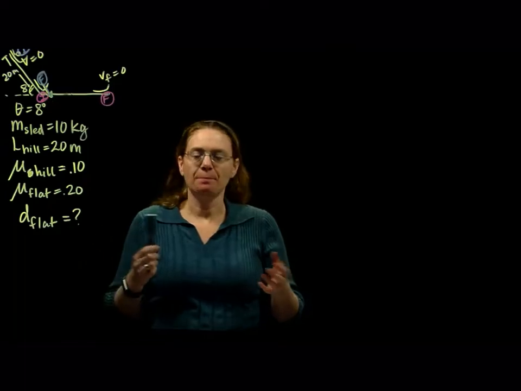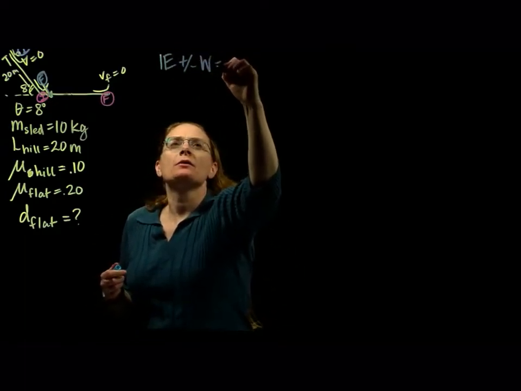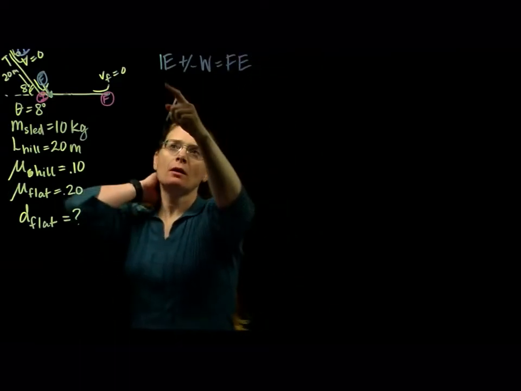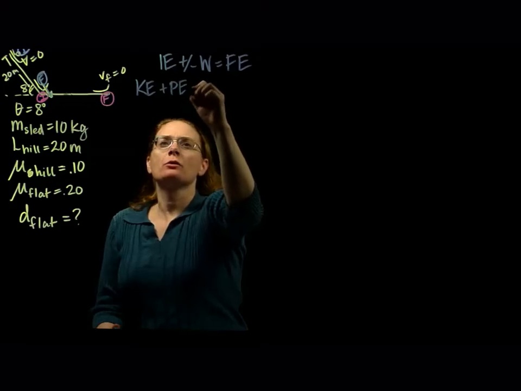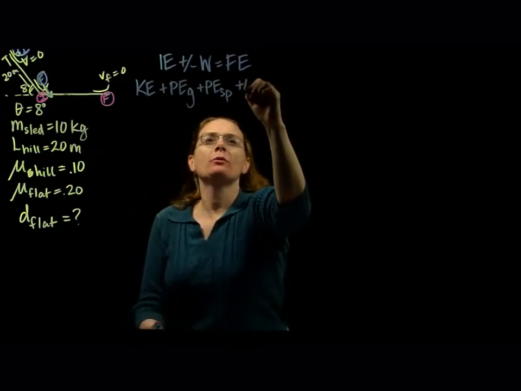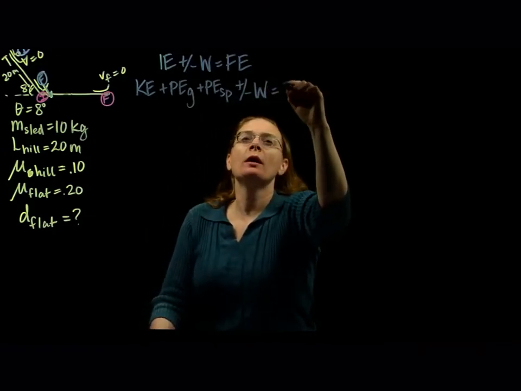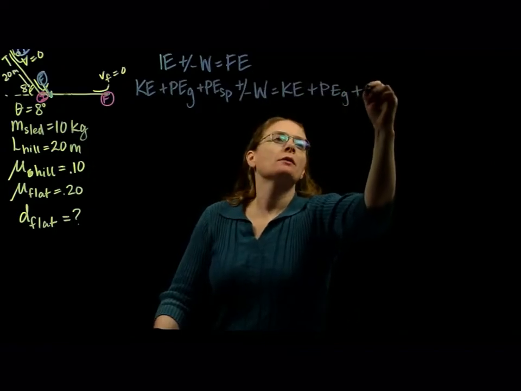Okay, initial to final. Let's see what we've got. Initial energy plus or minus work equals final energy. Initial energy, three different types we could have: kinetic, potential due to gravity, and potential due to a spring. That's KE plus PEg plus PE spring.